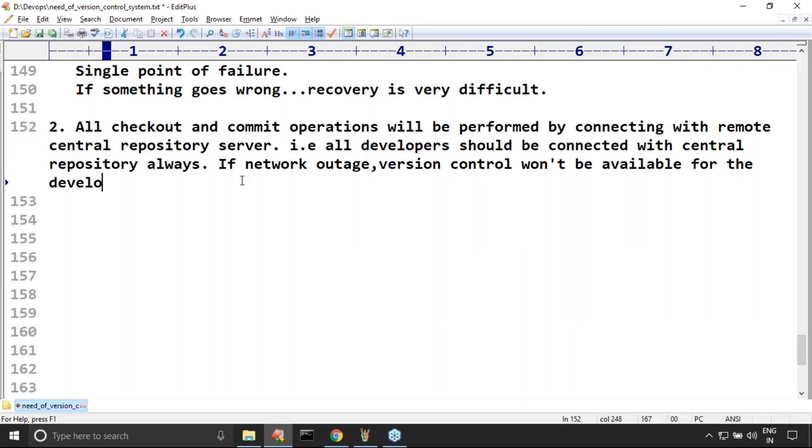Are you visualizing the problem? If there is a network outage, version control won't be available for the developers. Remember this very carefully. Developers' workspaces and the central repository should always be connected. If there is any network outage, version control won't be available for the developers.